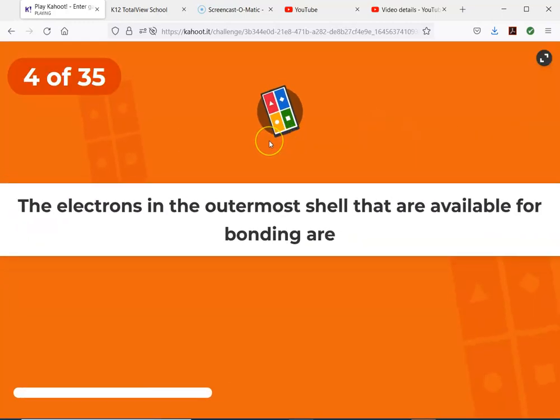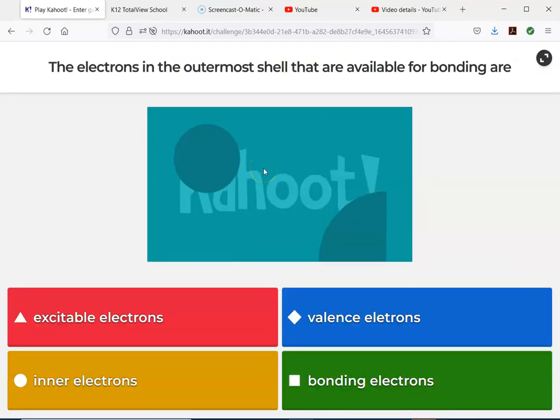Number 4, the electrons in the outermost shell that are available for bonding. What do we call those electrons in that outermost shell available for bonding? Excitable electrons, valence electrons, inner electrons, or bonding electrons. If they're in the outermost shell, they're probably not inner electrons. They may be excitable, they may not.